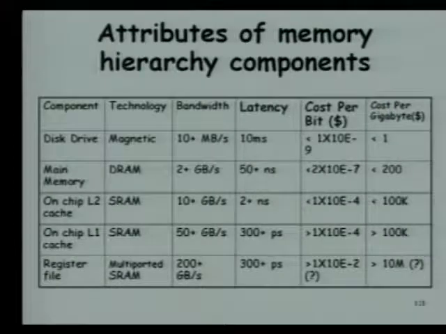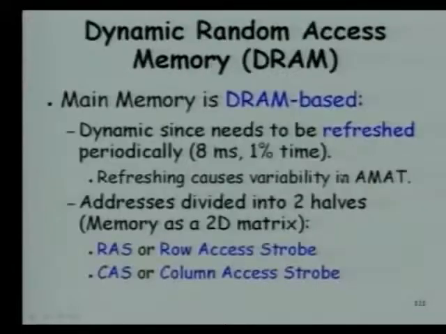And then we had discussed various manufacturing technologies for the memory, starting with magnetic, DRAM, SRAM, multiported SRAM and so on. And then we had seen the bandwidth, latency, cost and so on. And we had said that the main memory is essentially DRAM based. Of course, various improvements have been carried out on the DRAM memory to improve its performance.